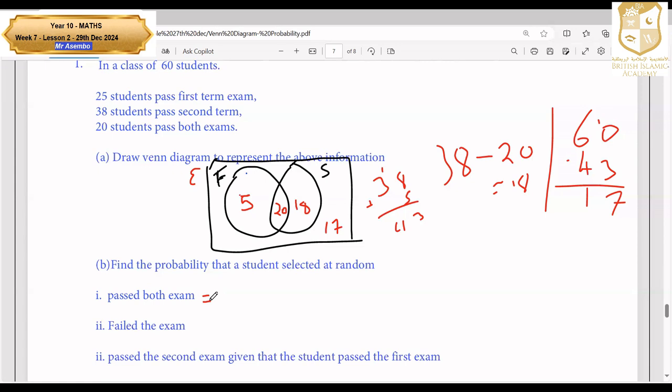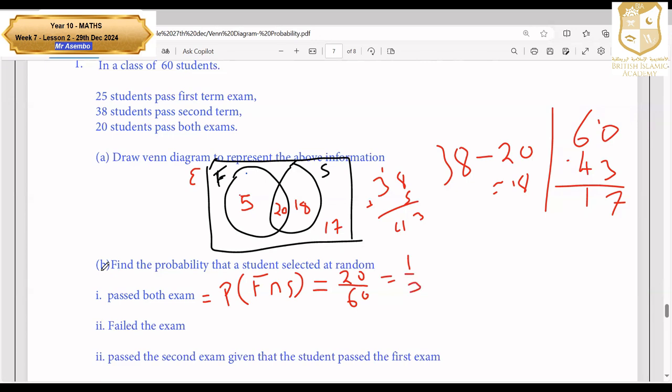Both exams means the intersection of first term exam and second term exam. So the probability of F intersection S is 20 divided by the sample space, 60, which gives us 1/3.